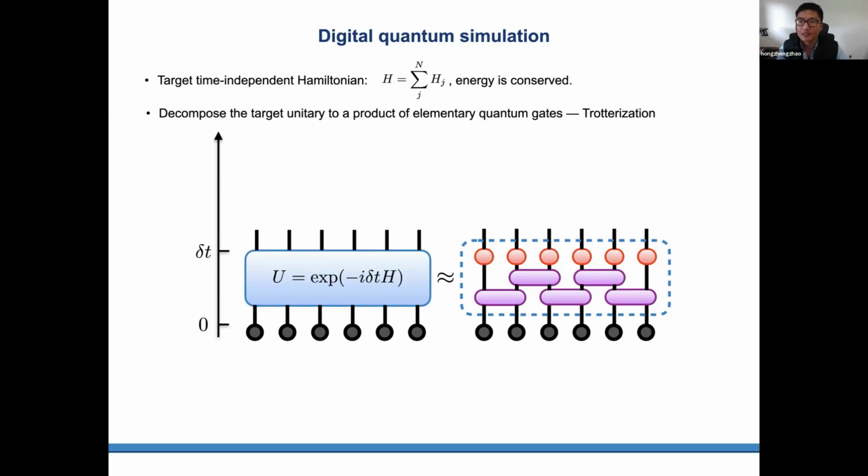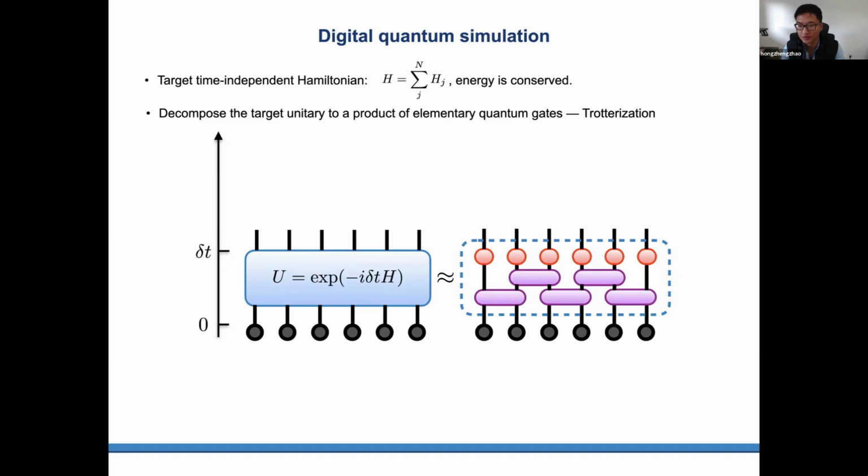The general idea of digital quantum simulation is that we do not have direct access to this many-body Hamiltonian, so this global time evolution unitary, U itself, is not accessible. Normally, what people do is decompose this global object into a product of more elementary local quantum gates.